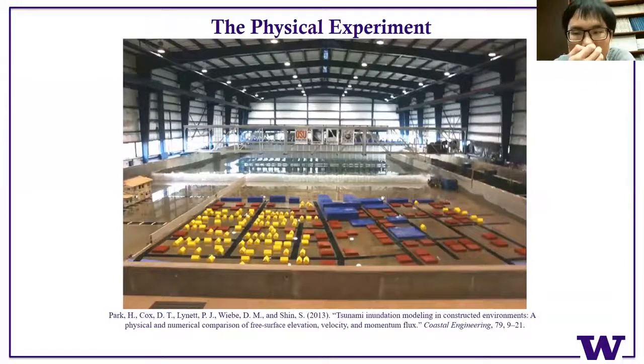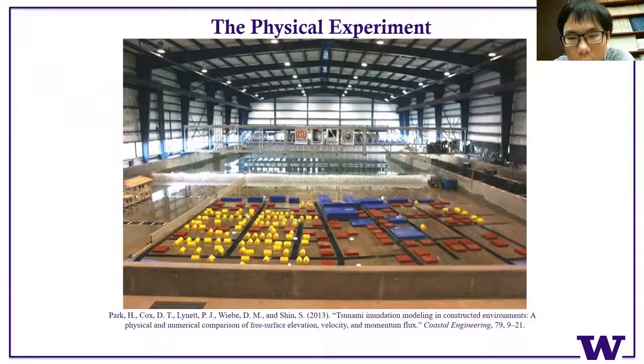Okay, the reason why we chose this case study is that we have some experimental data by some researchers at Oregon State University who did a series of experiments several years ago, and they built a physical model of part of the city Seaside in their numerical wave basin.